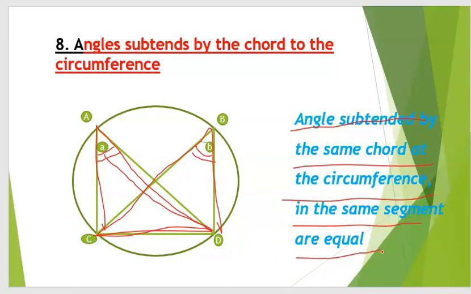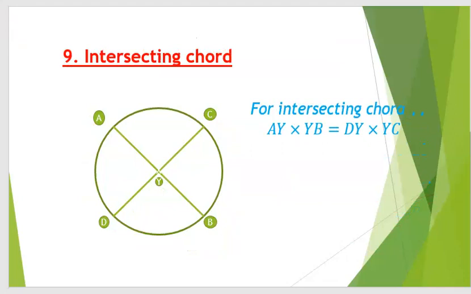So anytime you find a circle, look at that property to be able to conclude in an easy way. The other property that I'll be considering is about intersecting chords. The chords that intersect internally in a circle, like the one provided here.